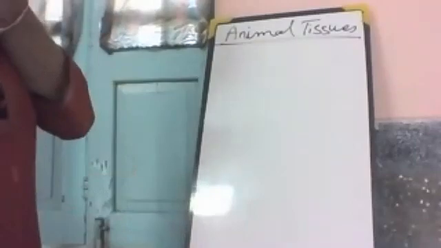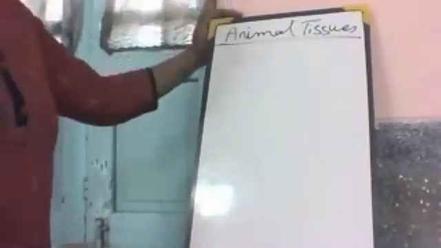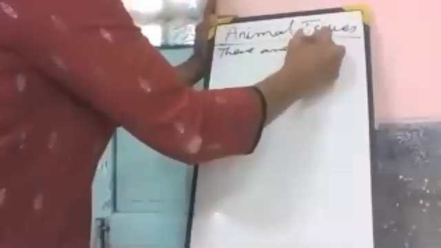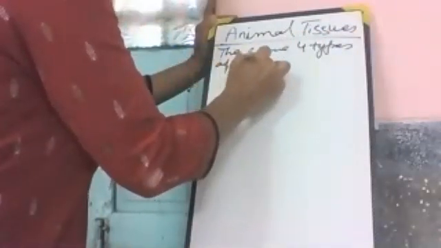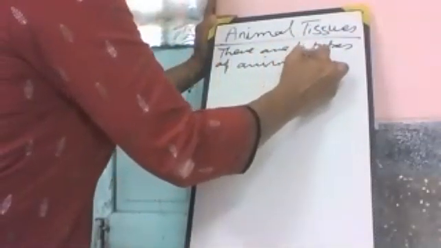Animal tissue. The tissues present in animals are known as animal tissue. The main kinds of animal tissues: there are four types of animal tissues.